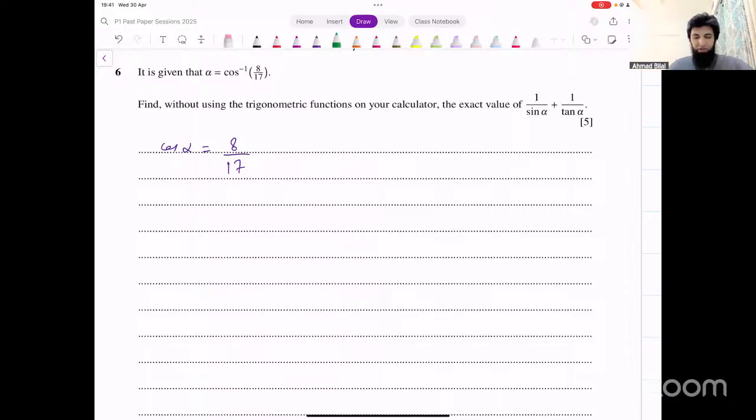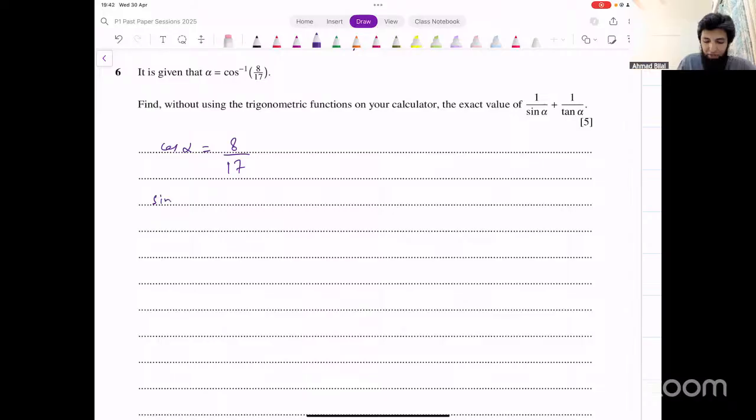Now, you can do this using identities. You can do this using the right angle triangle. Both of them are fine. Both of them will work. So you can do it any way you like. If you want to use identities here, it would work like this. Let's find sine alpha. How do you do that?